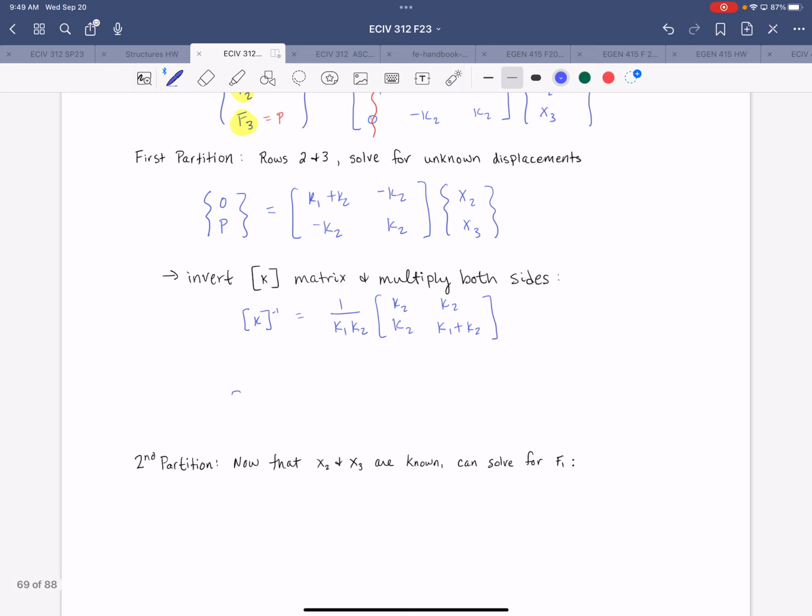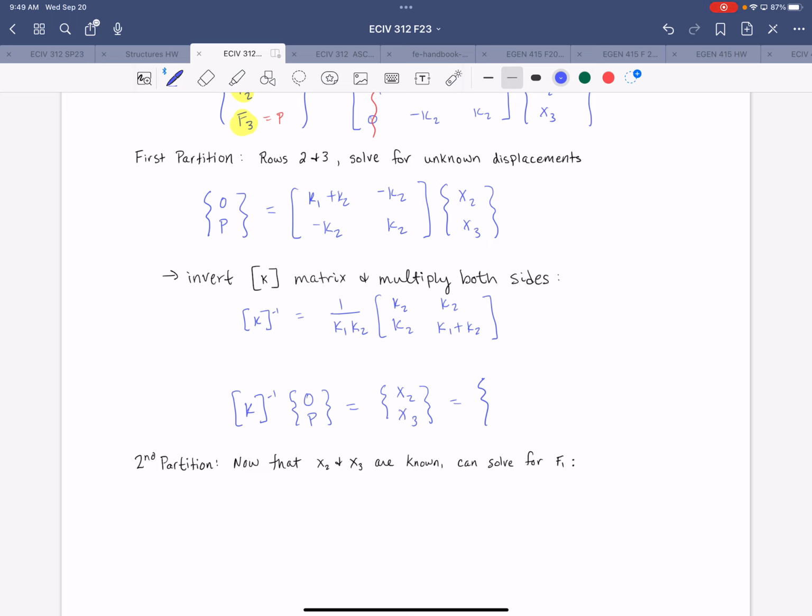So that's going to go into your equation. We pre-multiply that by 0 and P to solve for those unknown displacements at nodes 2 and 3.